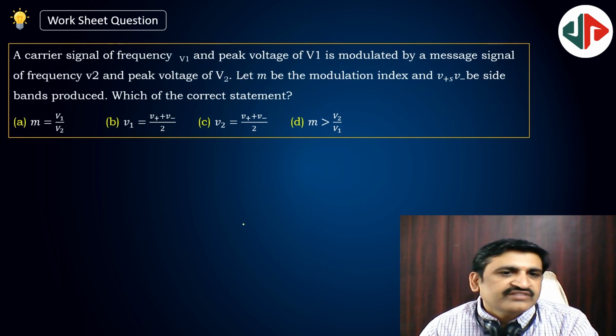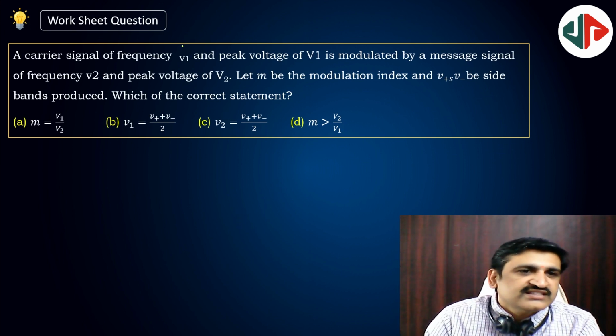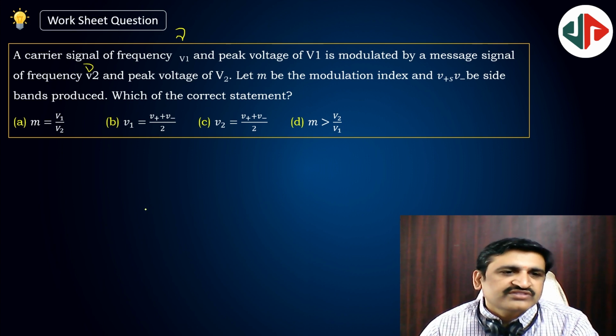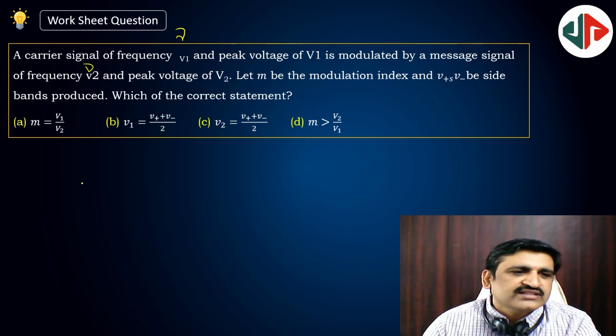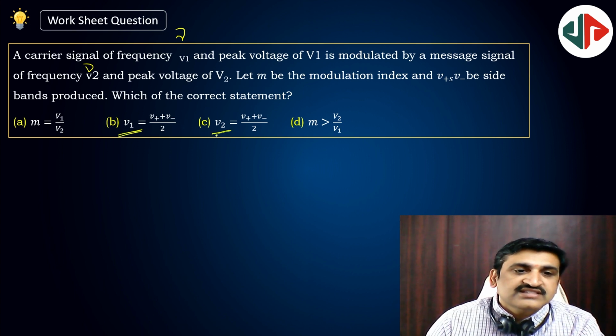A carrier signal of frequency nu 1 and peak voltage V1 is modulated by a message signal of frequency nu 2 and peak voltage V2. Let M be the modulation index. Sidebands are produced. Which is the correct statement? Sidebands are produced, of course, but he is asking about the modulation index too.